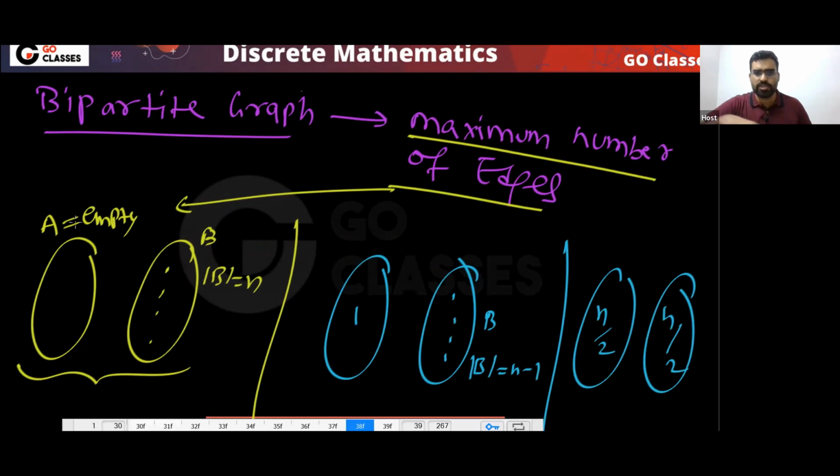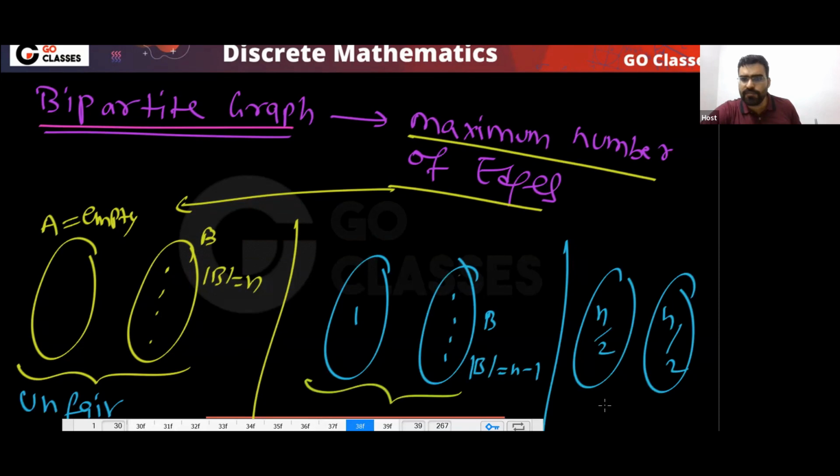So these things you have to check. Are you getting my point? Whatever question they give you, these cases you need to check. This is extreme unfair. You can also check where one vertex is on one side and the remaining vertices on the other. And this is fair, very fair.